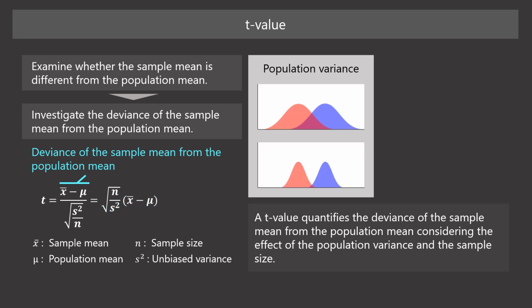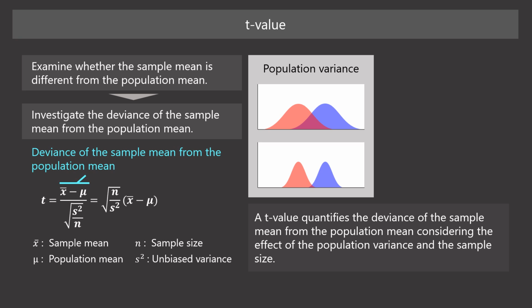We can see it is reasonable by considering these two probability distribution figures. Suppose the red distribution is a sample and the blue is its population. The deviation between the sample mean and the population mean is the same in these two figures. In the upper figure, the population data is more widely dispersed.